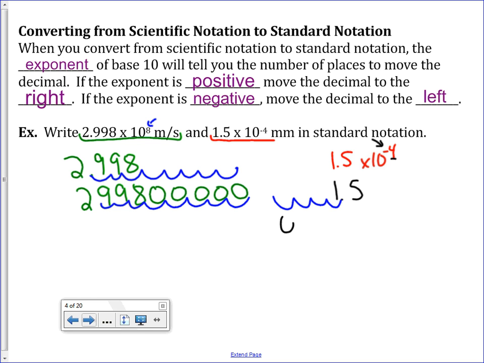And in front of the decimal place, of course, we'll write a 0 as well. And we should have 3 zeros, and then our 1.5. And so now we've taken that number of 1.5 times 10 to the negative 4 and converted it into standard notation.